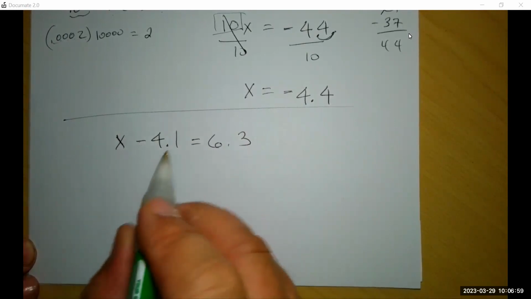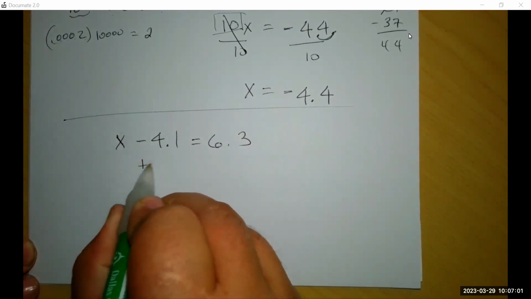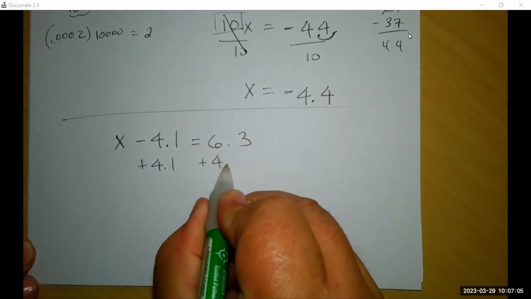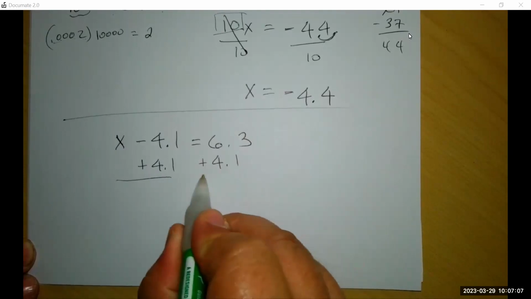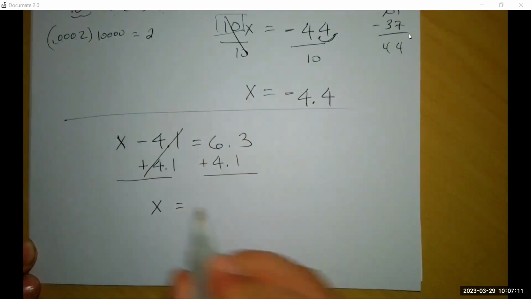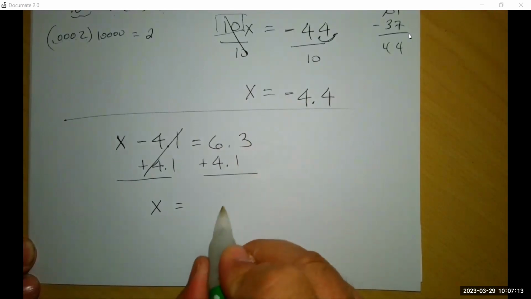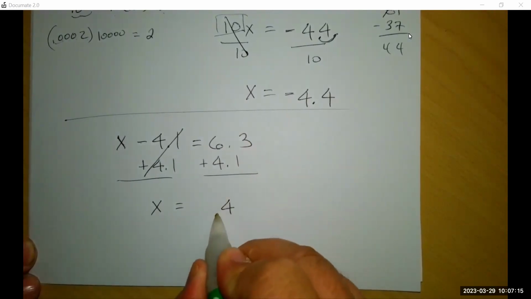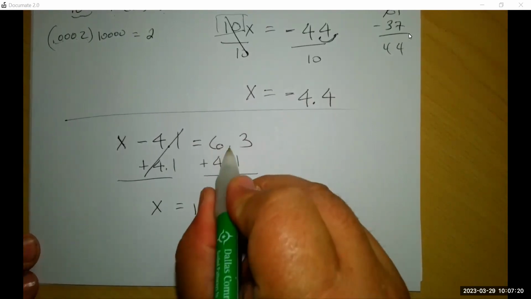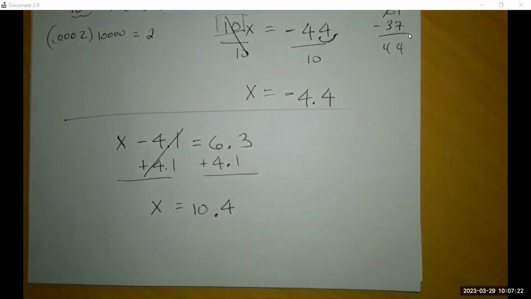The opposite of negative 4.1 is positive 4.1. So we add 4.1 to both sides. Those cancel. So we have x. 3 plus 1 is 4. This is the decimal. 6 plus 4 is 10. Whenever you add decimals, you have to line up the decimals.